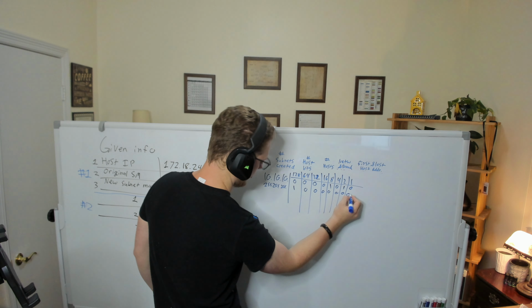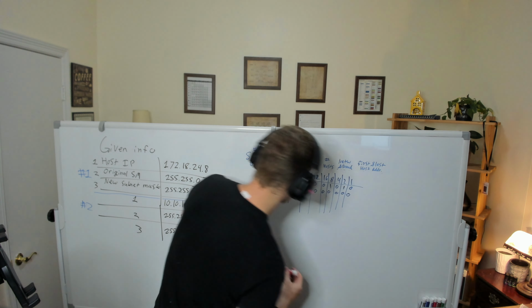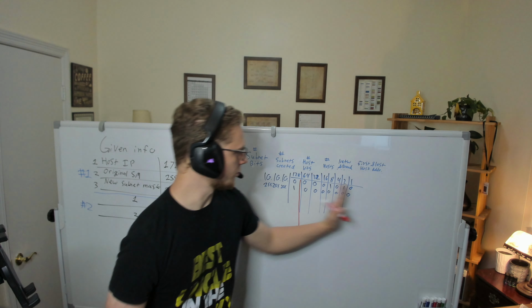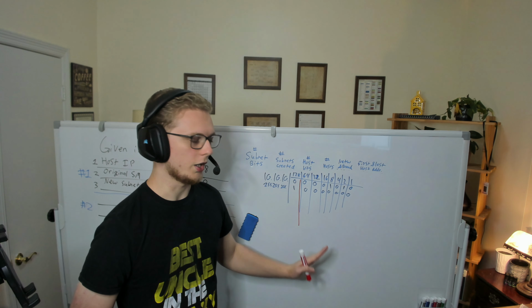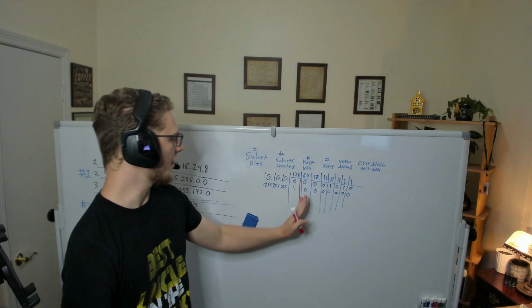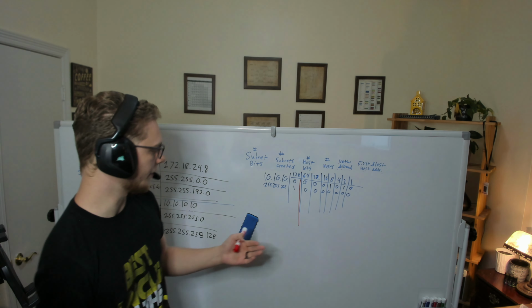I'm going to change colors here to this red because now this is our subnet dividing line. Now this is something that I like to use. I haven't seen a whole lot of people use it, but I kind of use it to help me do the math. Everything on this right side is our host bits, and here on the left side is our subnet bits.